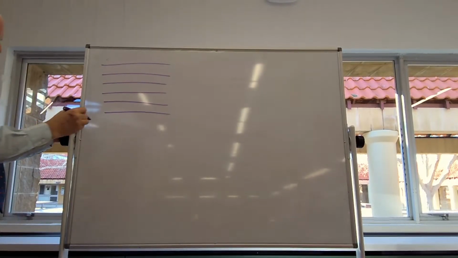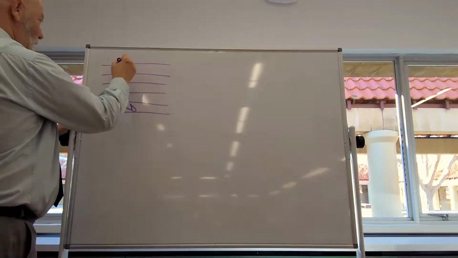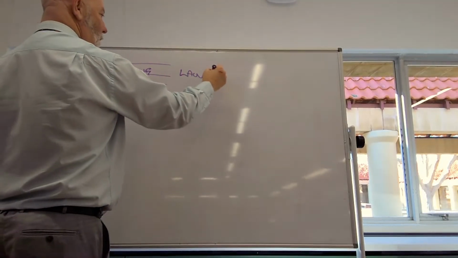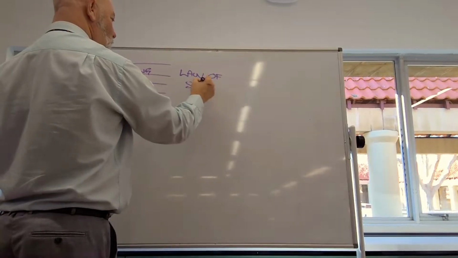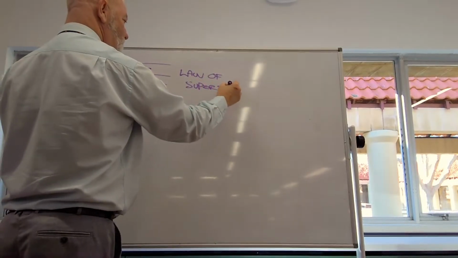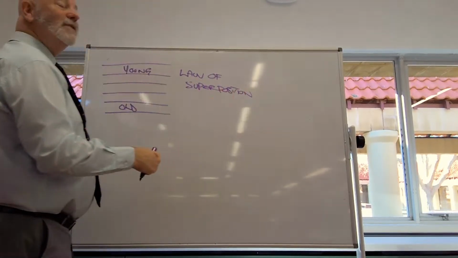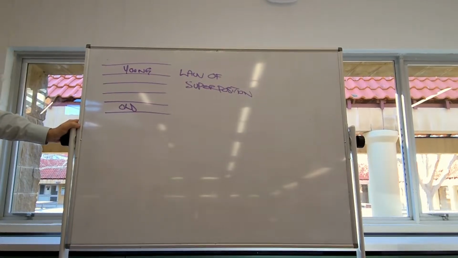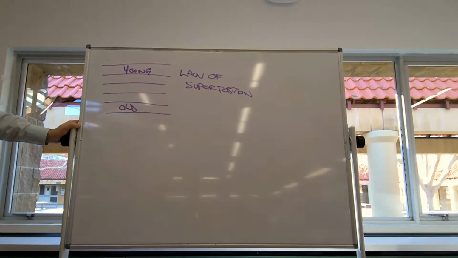The bottom. Old, young, that's called the law of superposition. And it just states in rock strata, which is layers of rock, the oldest rocks are at the bottom, the youngest rocks are at the top.